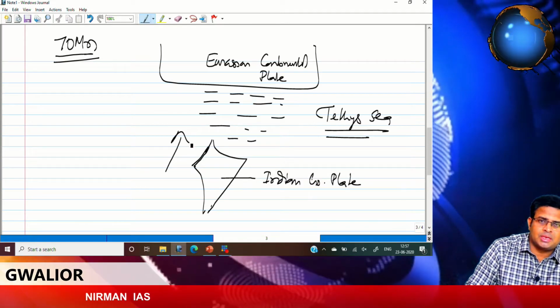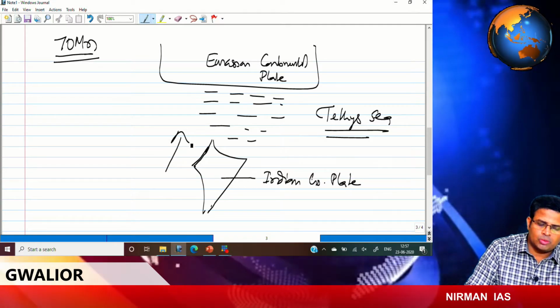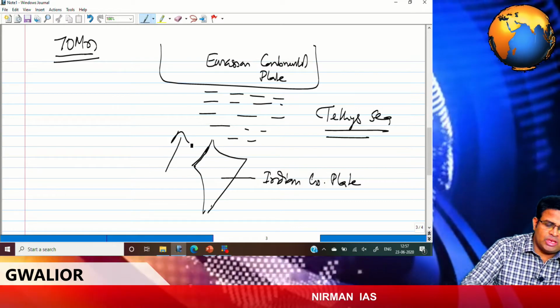So which of the two plates are moving northward? The Indian Gondwana plate and the attached Tethys oceanic plate are moving northward. And in the north we have the Eurasian continental plate.